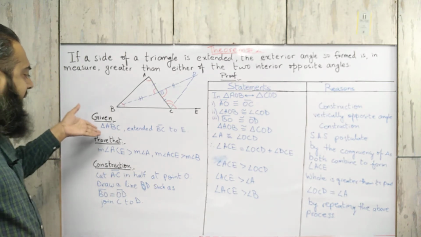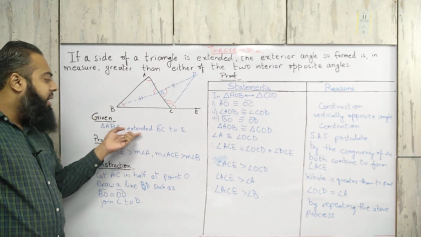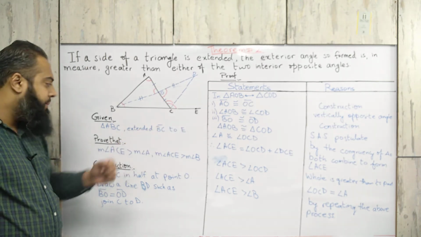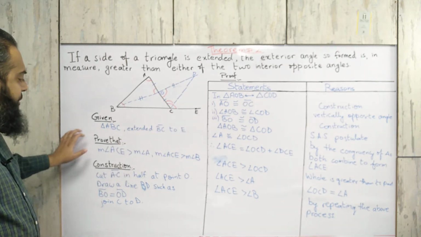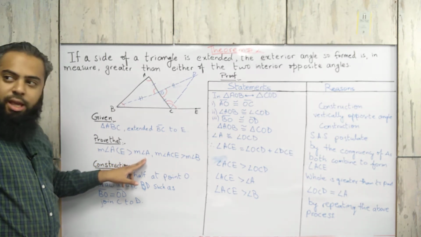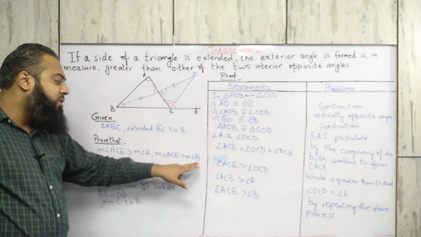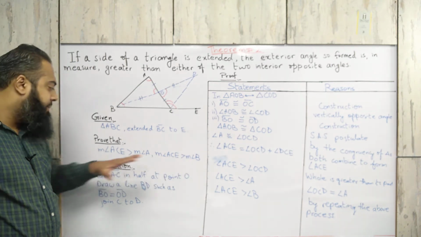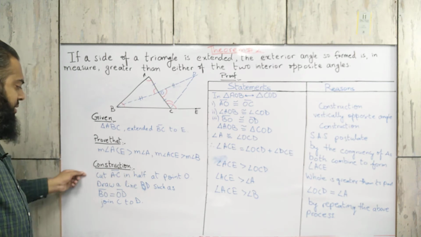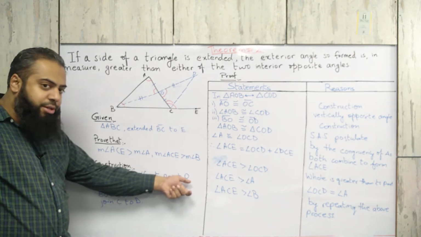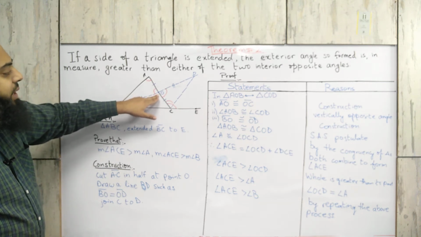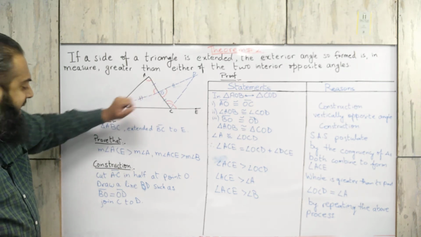So we are given that in triangle ABC, side BC is extended to point E, and we have to prove that measure of angle ACE is greater than measure of angle A, and measure of angle ACE is also greater than measure of angle B. Now, to prove that, we have constructed over here to cut AC in half at point O. We can also say that O is the midpoint of AC.